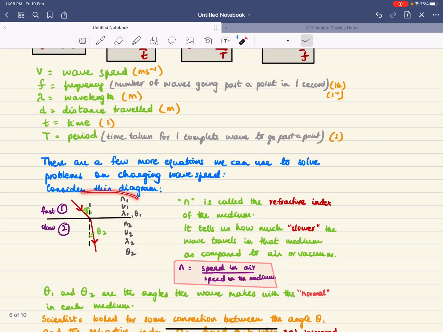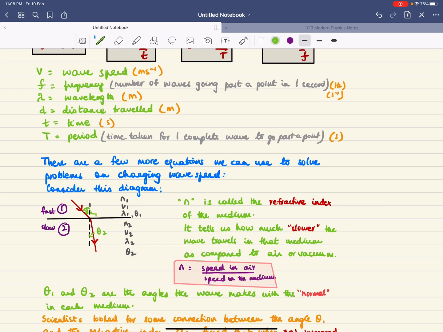This diagram here represents a wave going from one medium to the other. This one is your fast medium, I'm just calling it medium 1, and it's going to a slower medium 2. This dotted line here represents the normal, which is always drawn at 90 degrees to the surface.